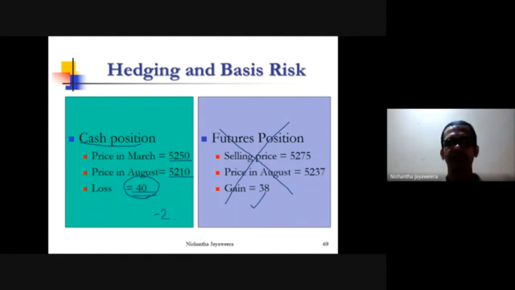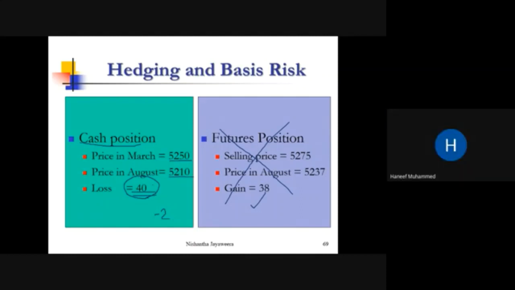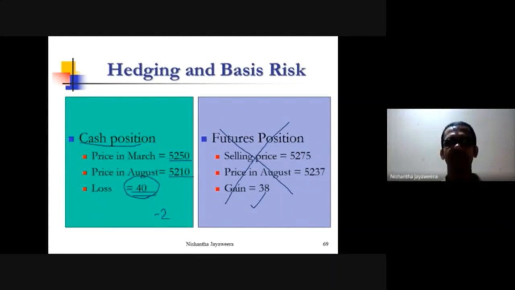We have minimized our loss to 2, whereas it could have been 40. So this is hedging and the basis risk of that hedging. Is it clear?